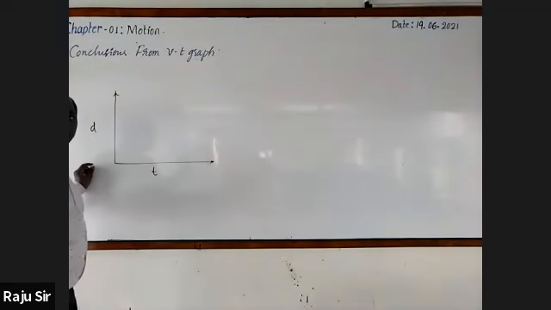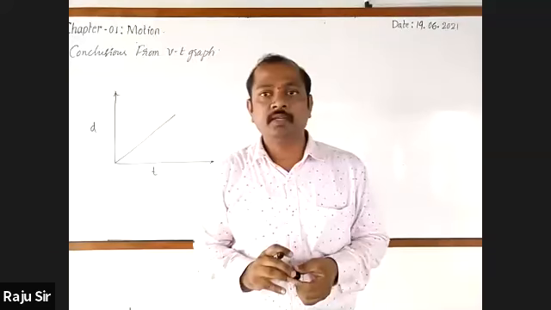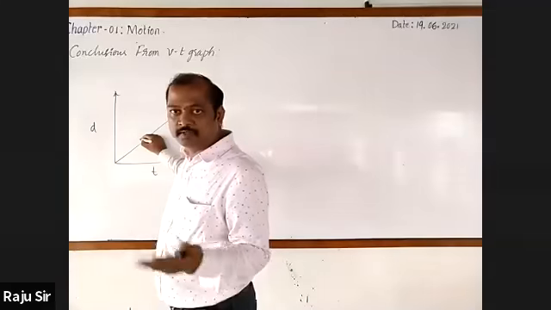Only Shifa Alia will give the response, others should not. Shifa Alia, what does this straight line indicate? Uniform velocity. It is uniform velocity. Very good.